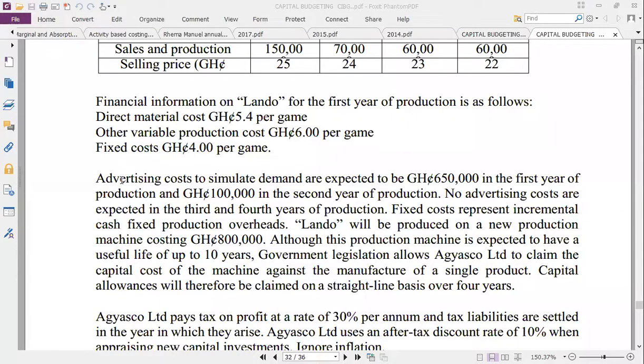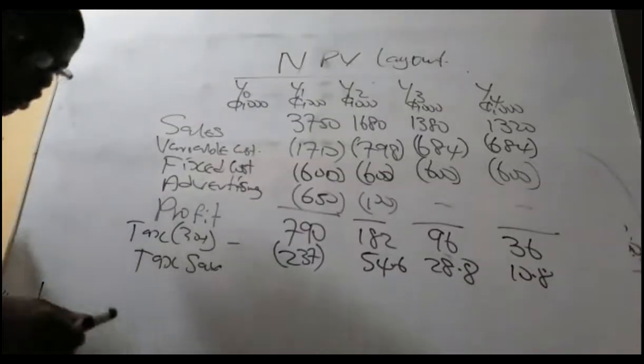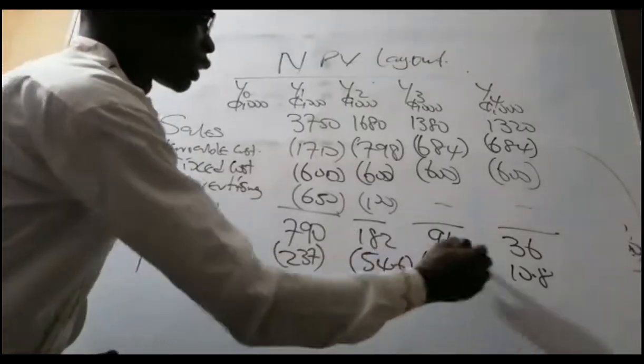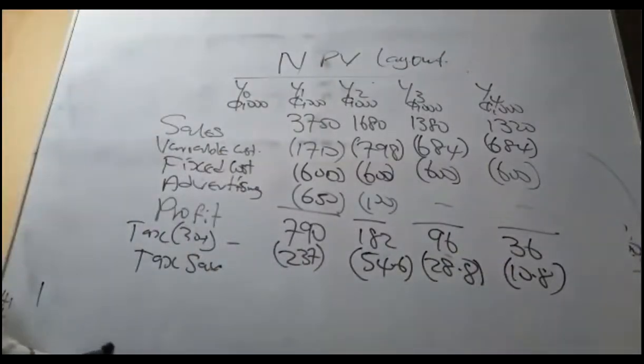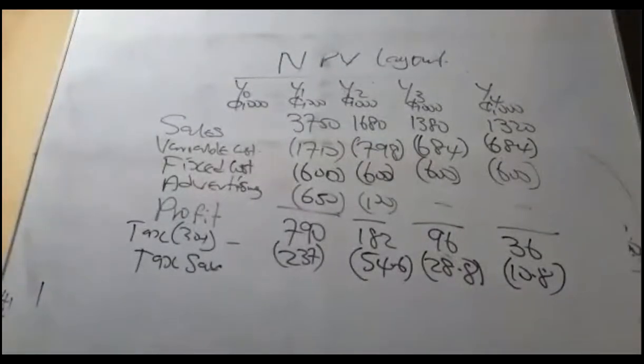So I think it's a positive figure. Okay, so the tax, we have to put it in the bracket, because we are subtracting, because it's a cost. So let's go and look for the tax save.